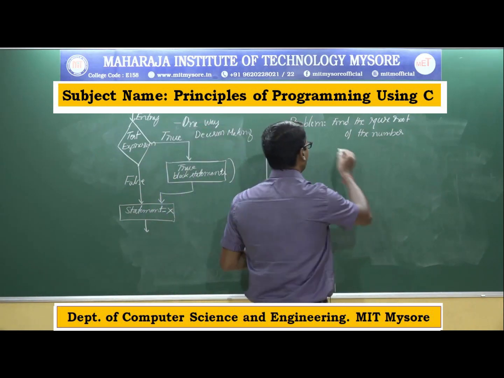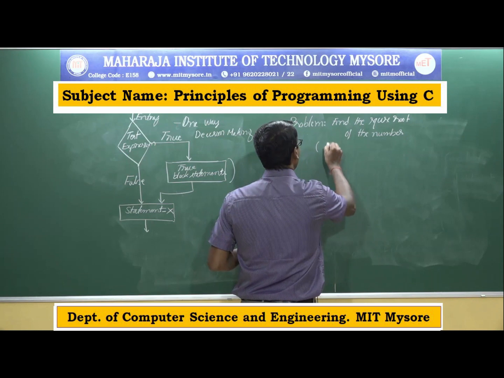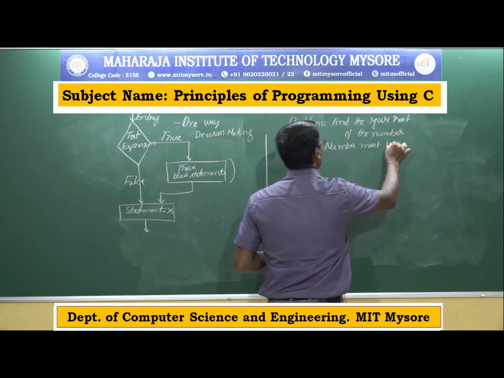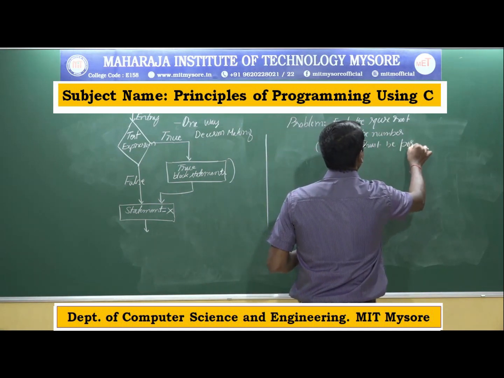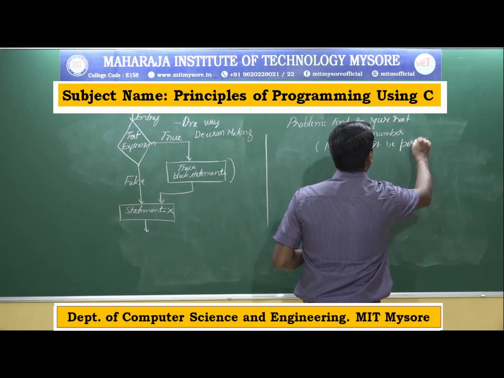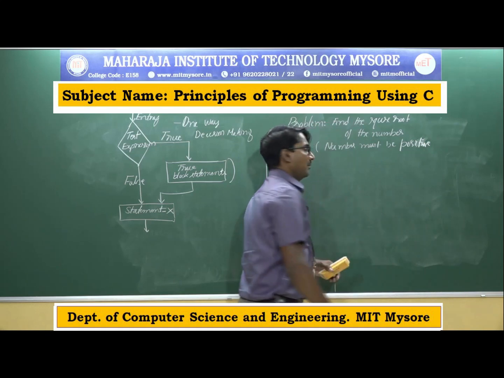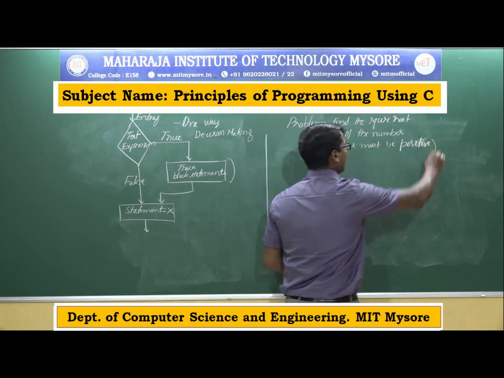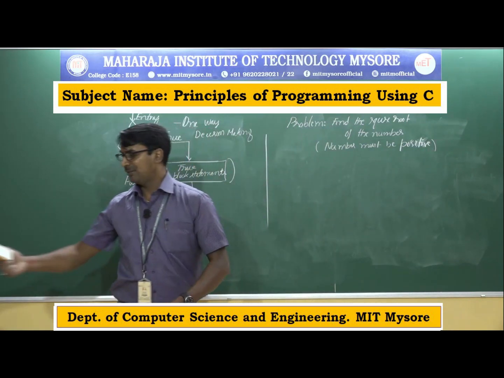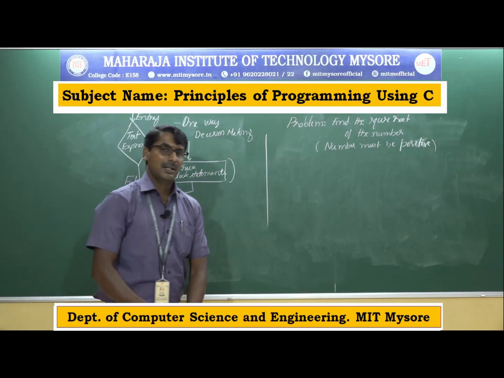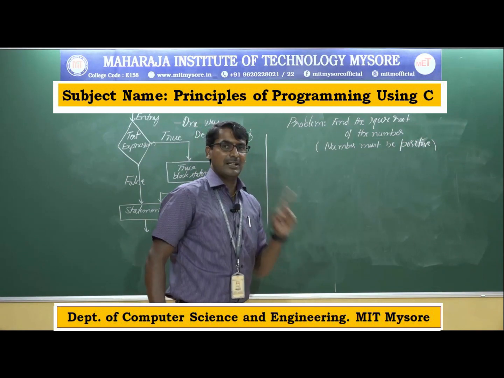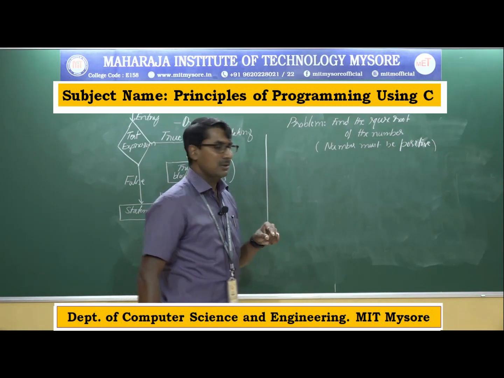Here I will set a condition: the number must be positive. If it is a positive number, then only we need to find the square root. If the number is not a positive number, then directly display that square root is not possible.